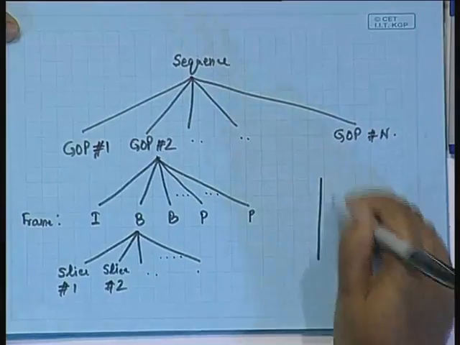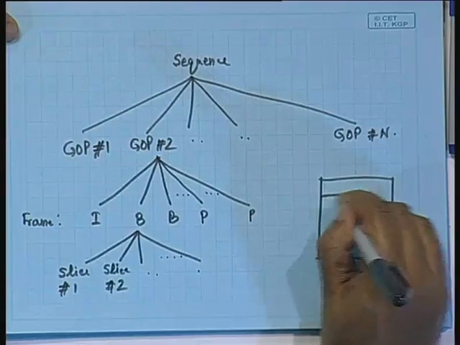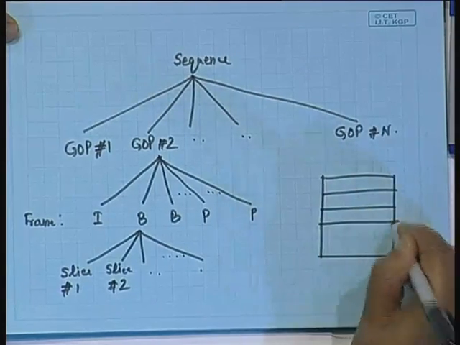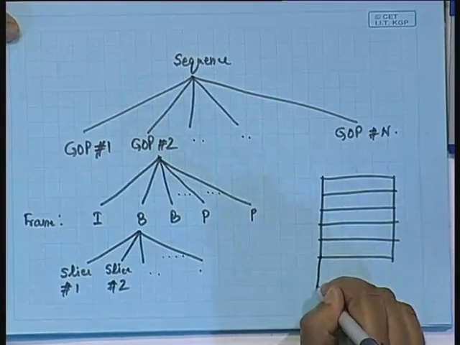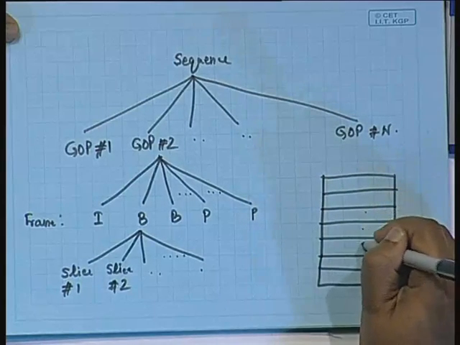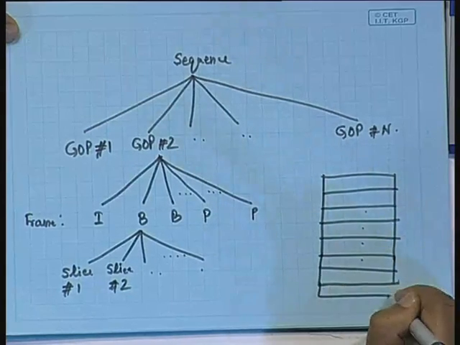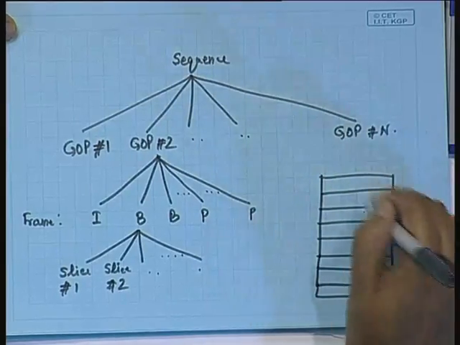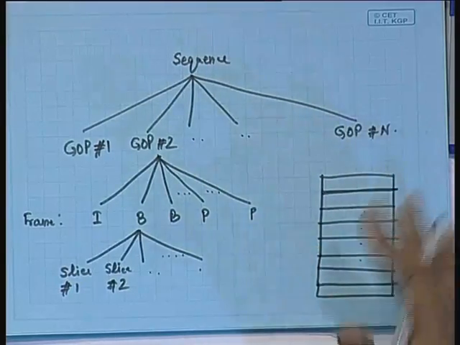For example, if this is the frame, one can divide it into, let us say, 8 slices. So, slices are sub parts of the frames, for which a specific data structure is defined.